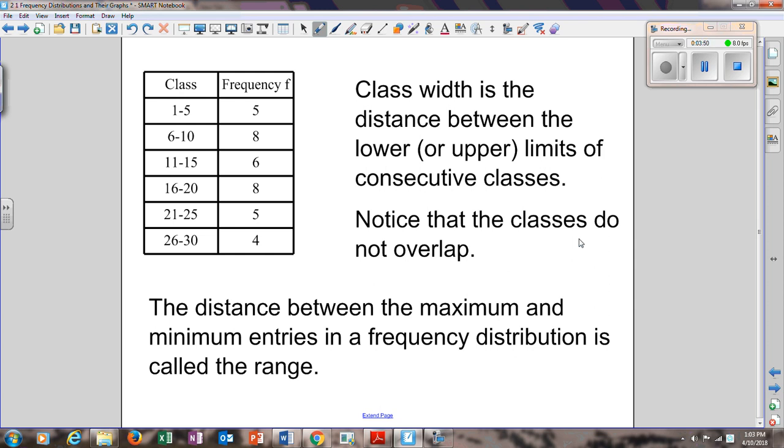The distance between the maximum and minimum entries in a frequency distribution is called the range. So if I was asked to find the range, it's the distance between the maximum, which would be 30, and the minimum, which would be 1. That would be your range of the frequency distribution.